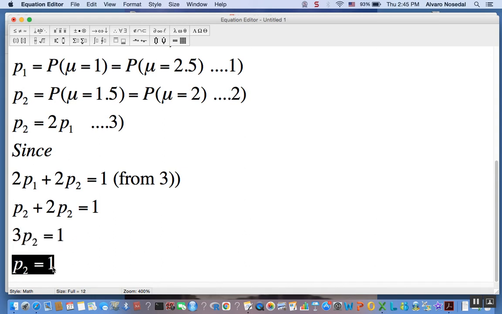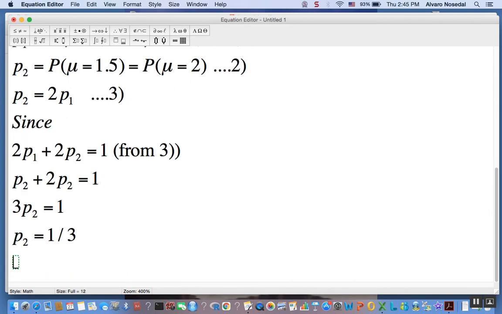Agreed? And then what we have here, right, is that p1 must be just p2 divided by 2, right?